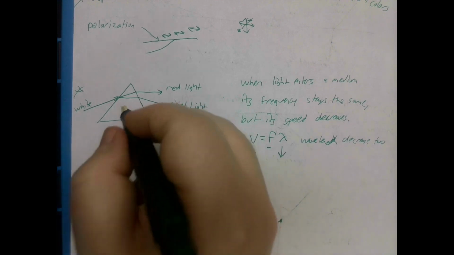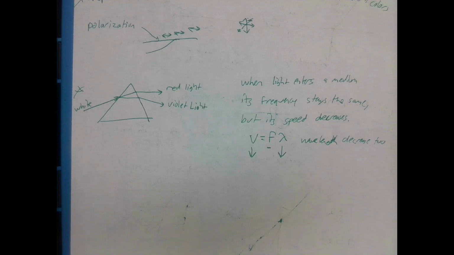So which light travels fastest in the material? Red or violet? You said violet refracts the most.